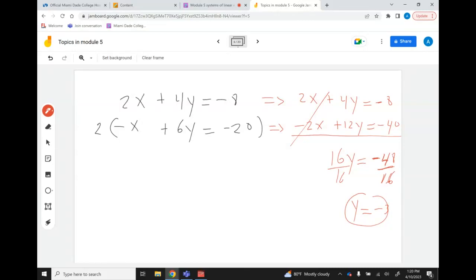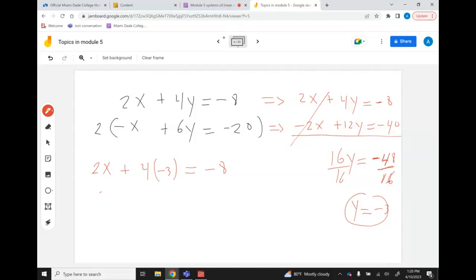So now, since we found the y, we're going to find the x. I'm going to choose the top one. 2x plus 4 times negative 3 equals negative 8. Okay, negative 8. Erase this here.